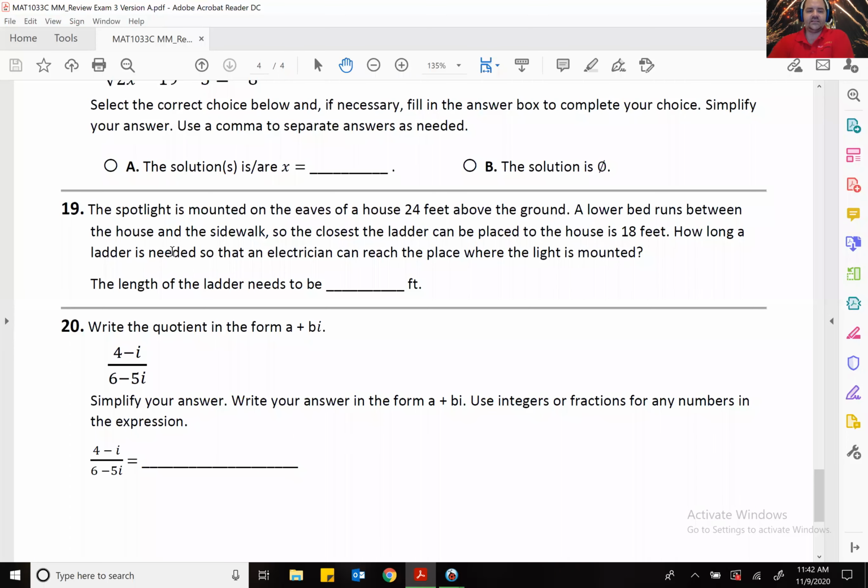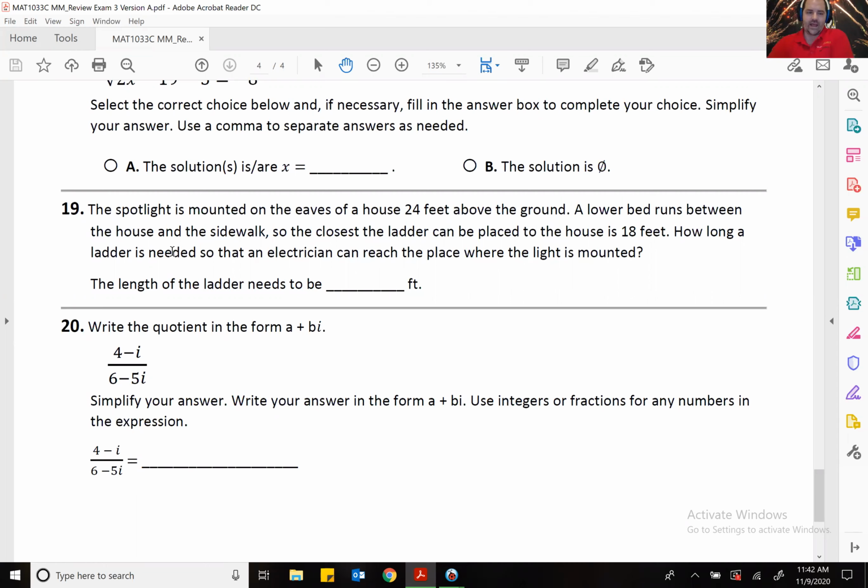So it says the spotlight is mounted on the eaves of a house 24 feet above the ground. A lower bed runs between the house and the sidewalk. So the closest the ladder can be placed to the house is 18 feet.